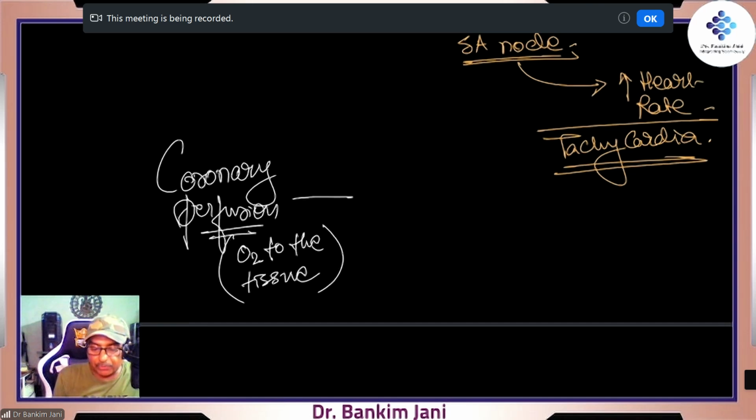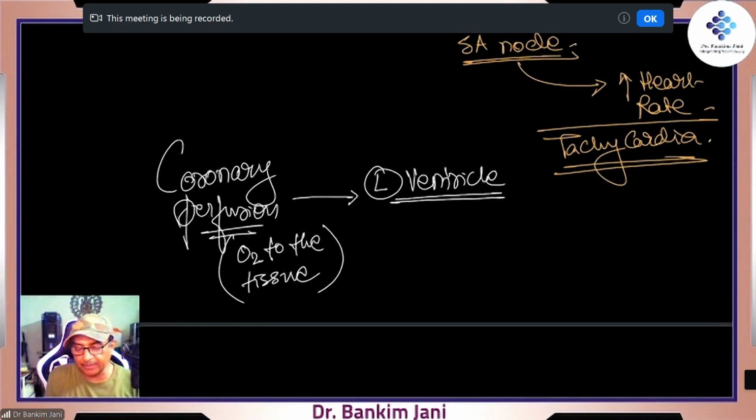When we deal with coronary perfusion, for which chamber are we very much interested? Obviously the left ventricle, correct? One reason is that the left ventricle is biggest, most powerful. As compared to other chambers, which utilize less oxygen, the left ventricle will be utilizing more oxygen, and at the same time, it is pushing the blood into the aorta, and from the aorta it is going to the brain.